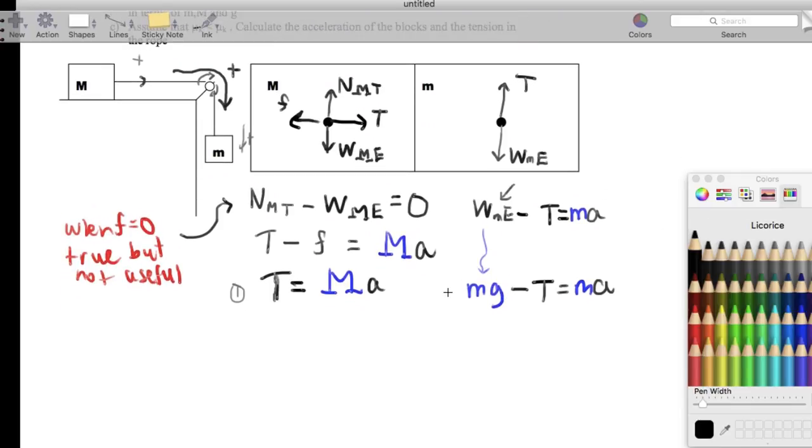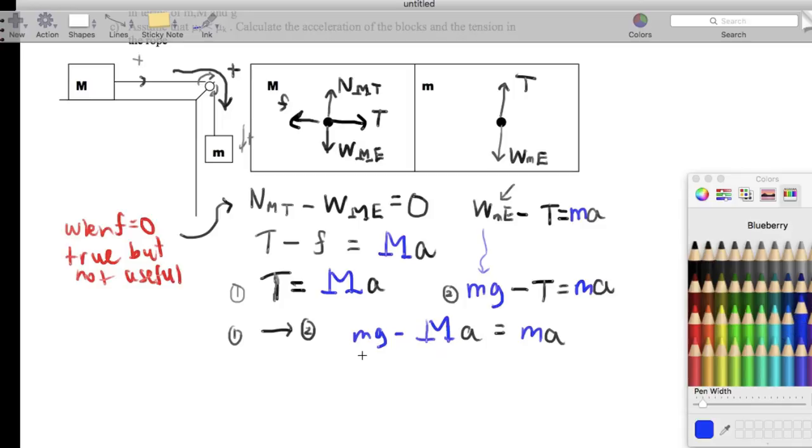Now what we actually have is a situation of two equations and two unknowns. So I'm going to substitute equation 1 into equation 2, and I will rewrite. So I end up getting mg minus big M times A equals little m times A. I can now rearrange.